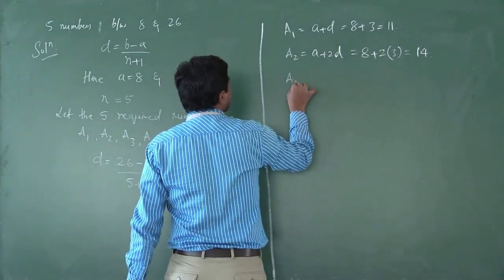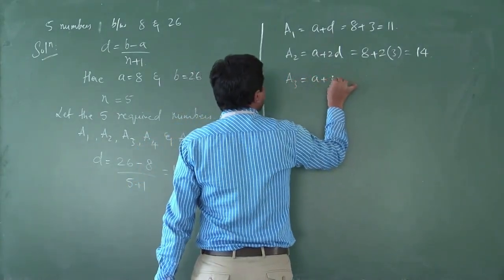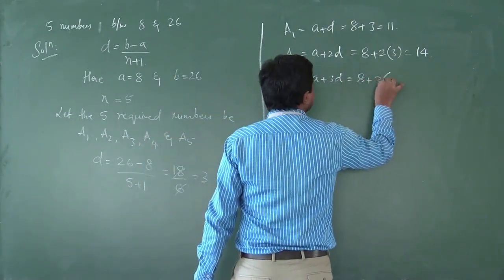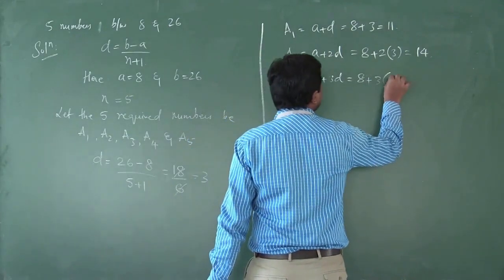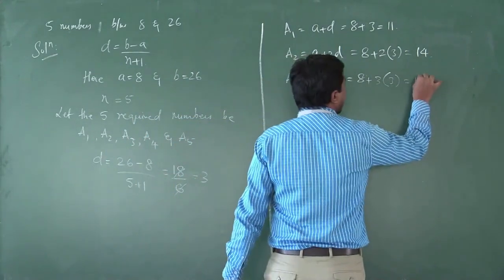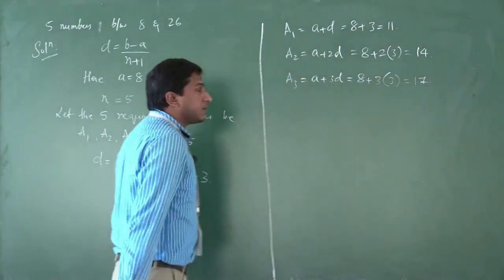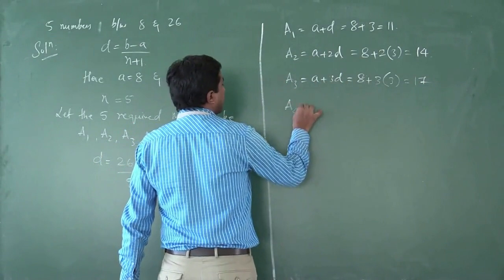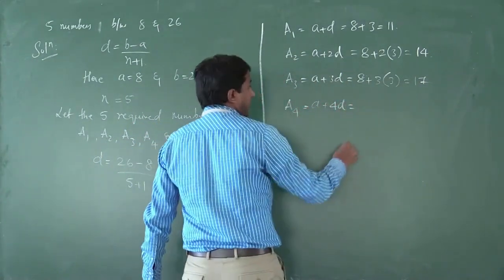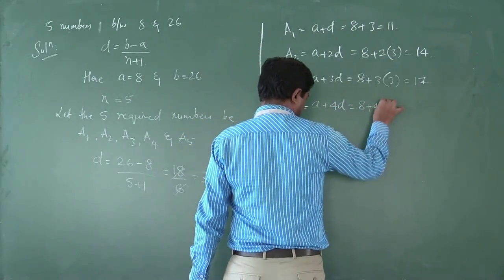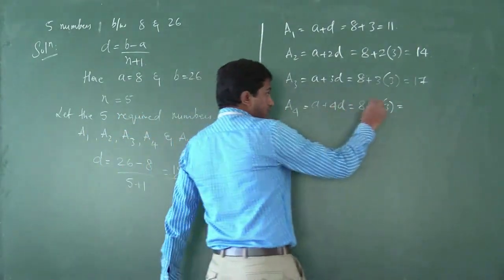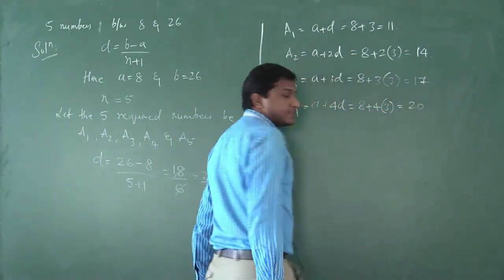Then A3 I can write as a plus 3d. A value is 8, 8 plus 3 into 3. 3 3s are 9, 9 plus 8, we get 17. A4, the fourth number, is a plus 4d: 8 plus 4 into 3. 4 3s are 12, 12 plus 8, we get 20.